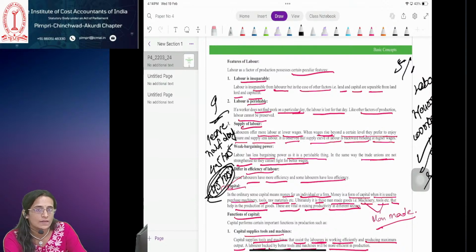Even now we can say the workers working in organizations have trade unions. They have union leaders, right? They fight for the workers so that their wages increase, for their welfare. Everyone knows? Yeah.